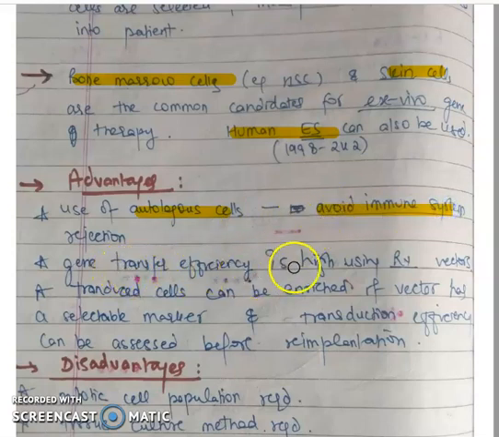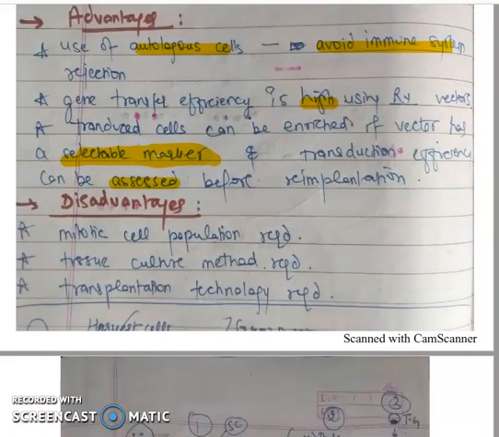Second, the transfer efficiency is high using retroviral vector, and transduced cells can be enriched using a selectable marker, meaning the transduced cells are selected using this marker. And transfection efficiency can be evaluated before reimplantation of these cells into the patient's body.